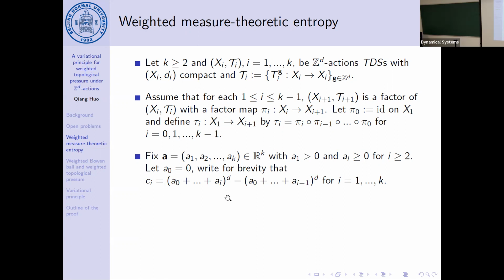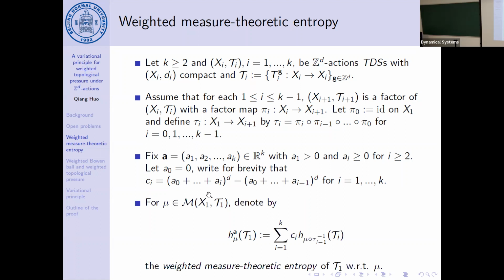And we will introduce another weighted vector C_i. Let C_i be defined in this way: it is the least power of the sum from A_0 to A_i minus the least power of the sum from A_0 to A_{i-1}. This is another weighted vector.